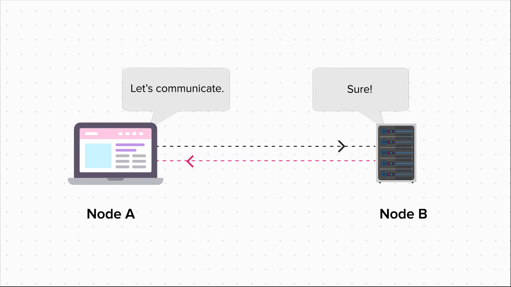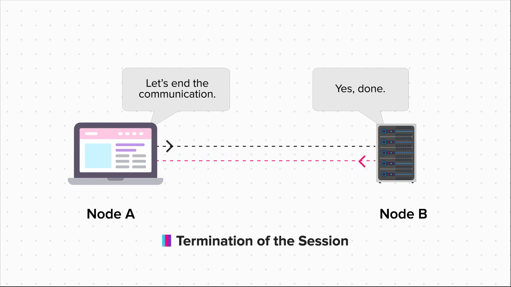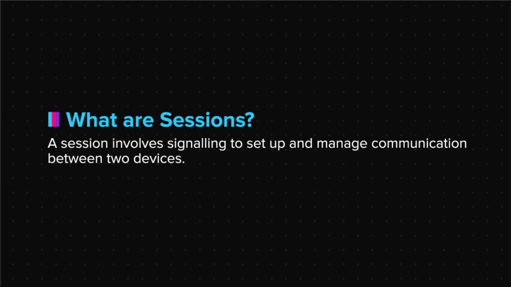Once node B confirms that it is ready to communicate, the actual communication starts. Similarly, when one of the devices wants to end the communication, it again sends the termination signal to the other device and the other device acknowledges it, thus terminating the session. So, a session involves signaling to set up and manage communication between two devices.